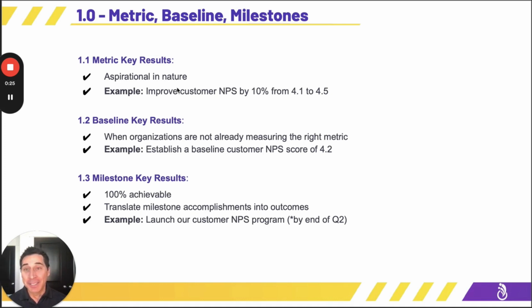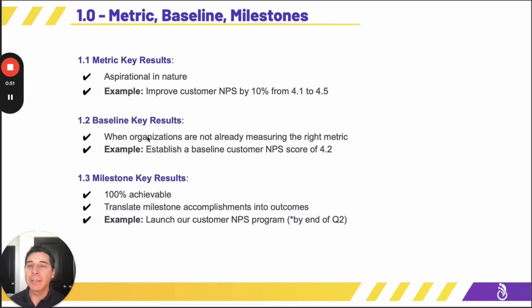An example of that would be to improve customer NPS by 10% from 4.1 to 4.5. What I like about this is that, first of all, it calls out our goal, which is 10%. But it also helps us understand where we sit currently, at 4.1, and where we want to be, at 4.5. So metric key results are aspirational in nature.